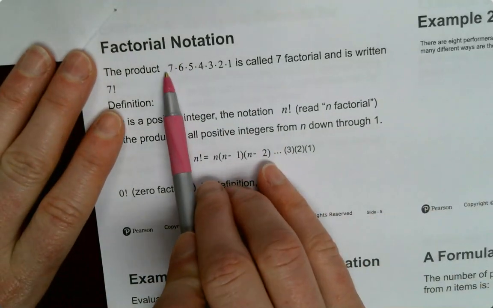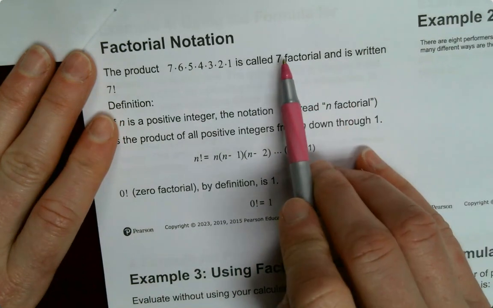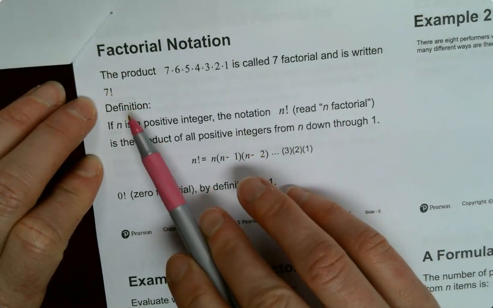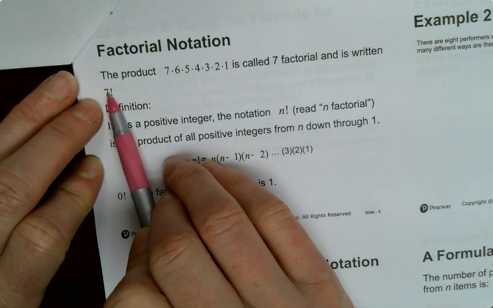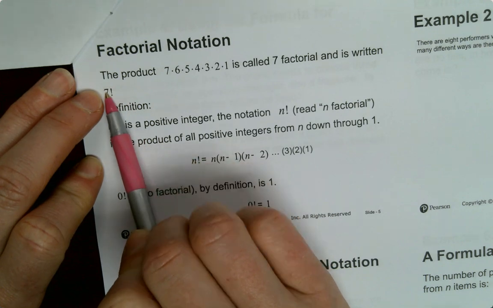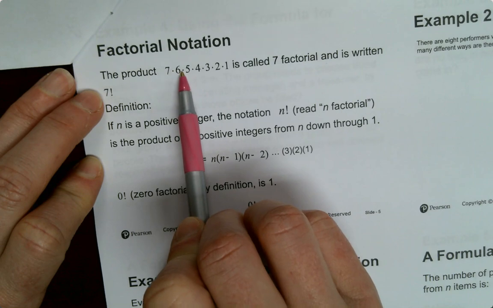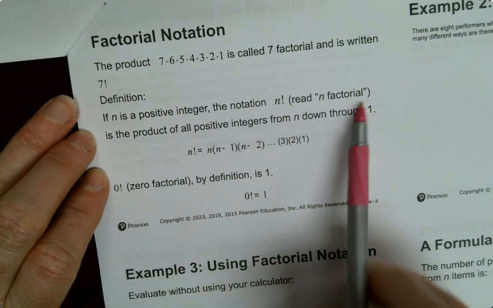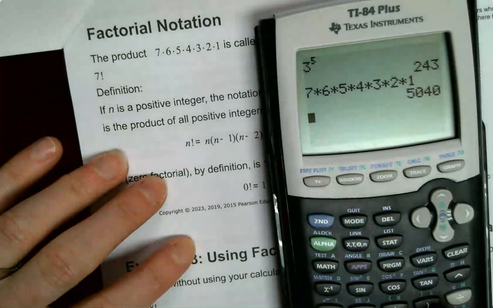See how we did 7 times 6 times 5, 4, 3, 2, 1? Well, this is actually called 7 factorial. It's written as 7 with an exclamation point. That means you multiply 7 times all the positive integers that are less than 7. That's why we do 6, 5, 4, 3, 2, 1. So that is called 7 factorial. We can actually do this in our calculator too.